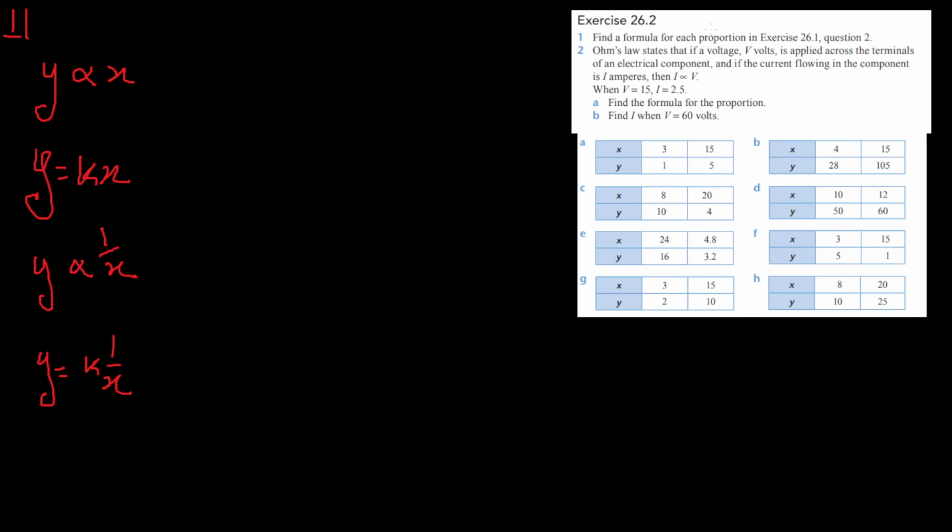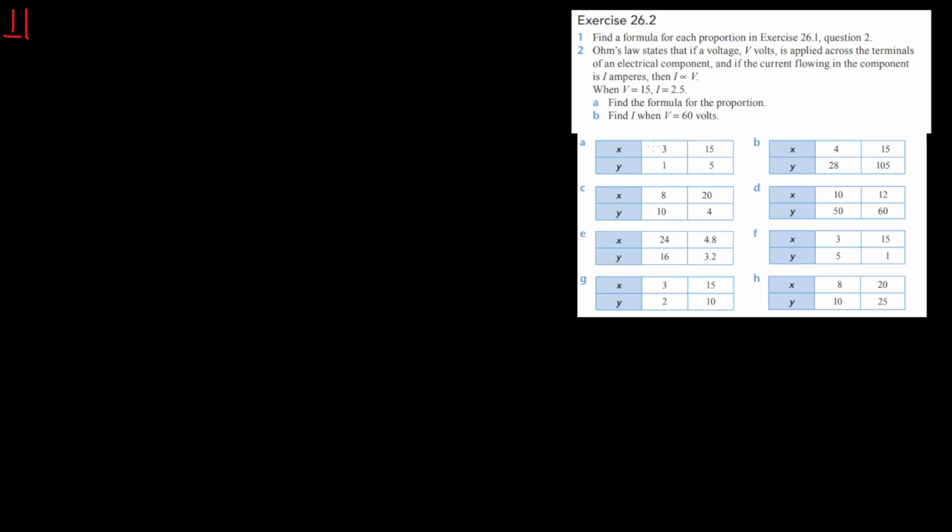So let's find the formula. It says to find the formula of question 2, so A to H. So let's quickly do this. Number A, we can see that these are proportionate, so x is proportionate to y. We can write y equals kx. So let's take any value. We can take this, or we can take this.